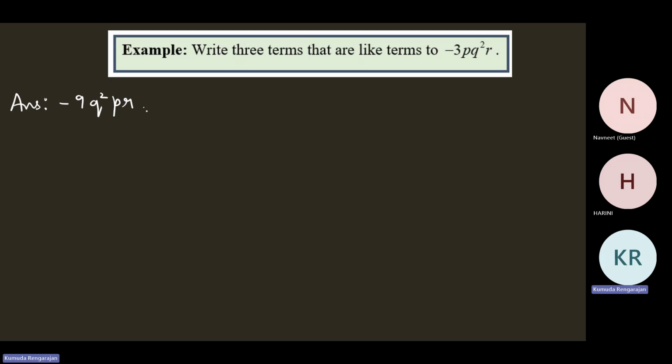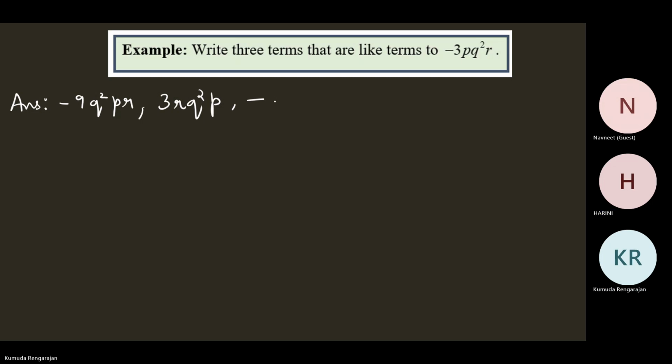Now you tell me one more, Harini. I'll just start with 3r, you complete it. Number, q square, p. Very good. Tell me one more, Harini. I'll just put a minus sign.